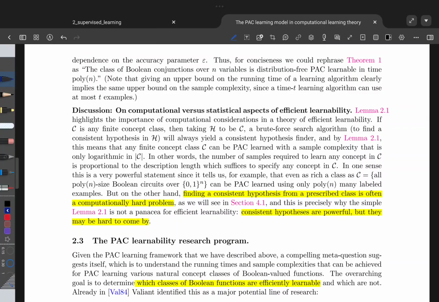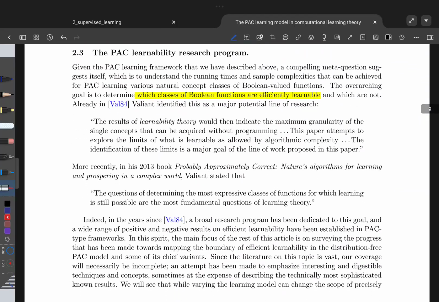But on the other hand, the computational complexity may or may not be polynomial. So the goal is to understand what is the computational complexity of learning. All right. So a large body of work has gone into understanding which classes of Boolean functions can be efficiently learned. We've seen that Boolean conjunctions can be efficiently learned.